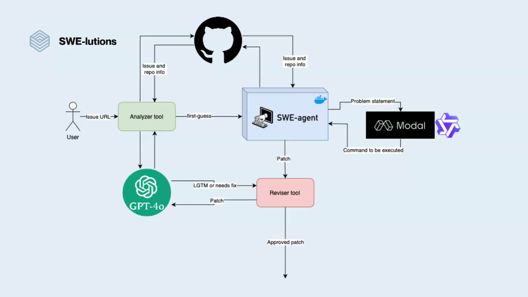We have this junior, let's say, agent that is the SWE agent that comes up with a PR, and we have the revisor one that basically makes a PR revision and approves or doesn't. And if not, we iterate through this with the SWE agent again until we have an approved patch.